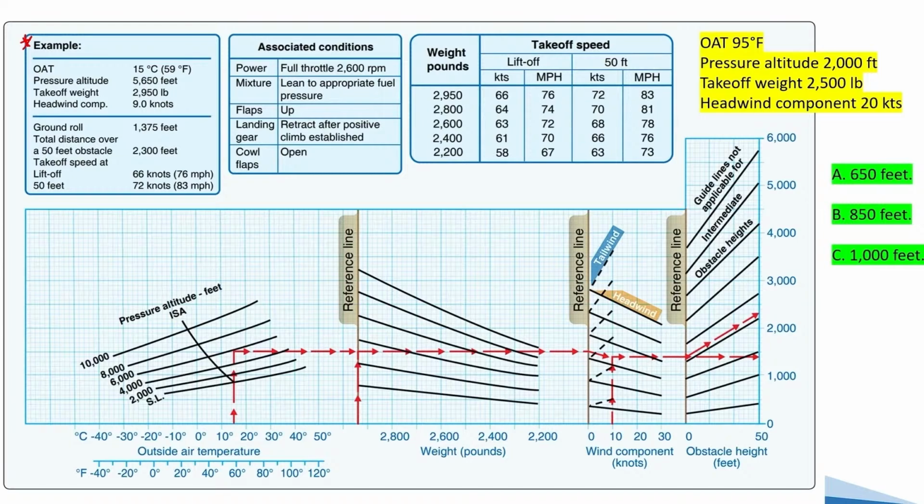Cannot use the CX3 for these; you're going to have to use the manufacturer charts. You're pretty much evenly split, a little bit over 30% with each of the potential answers here: 650, 850, or 1,000.